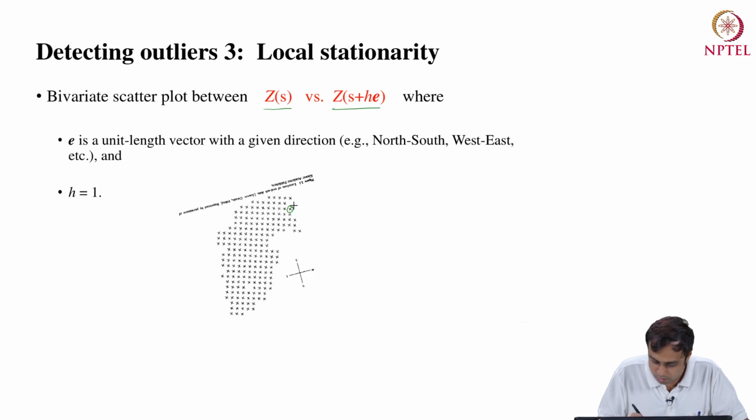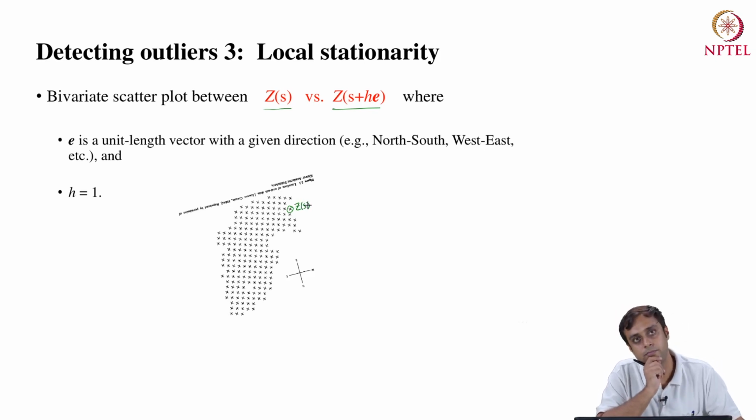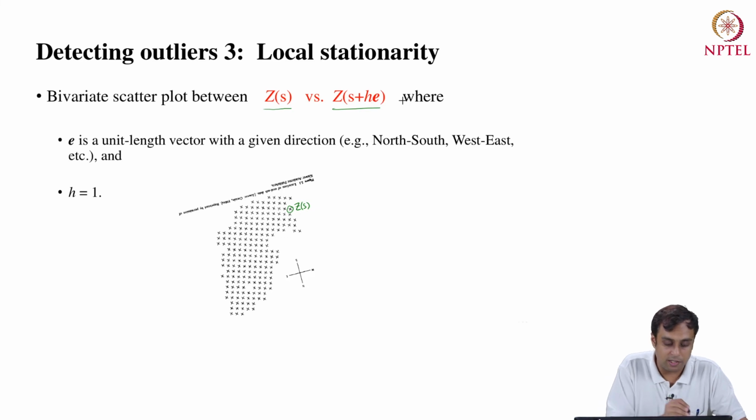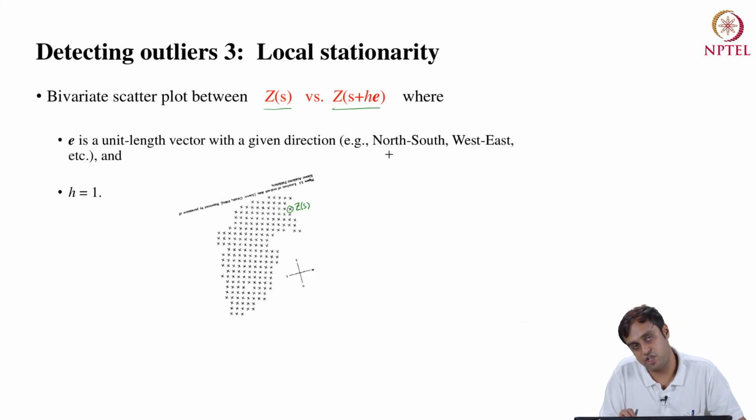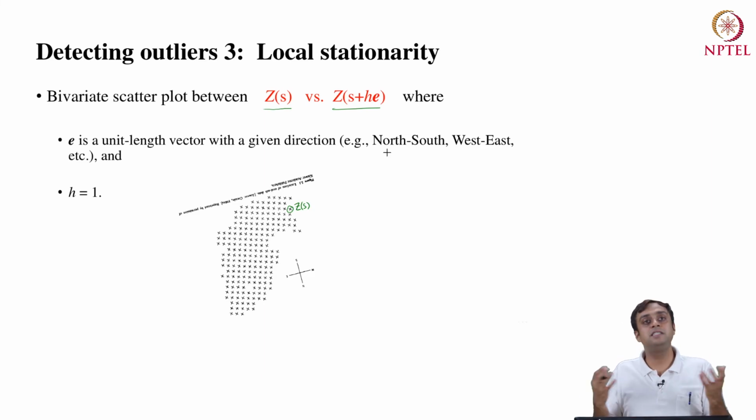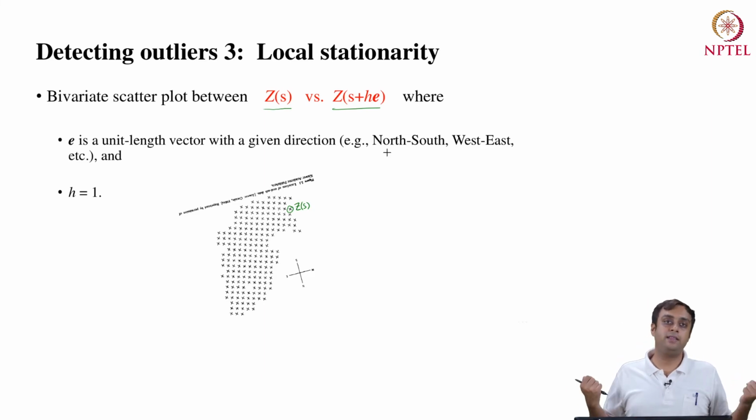So the value here at location S is Z of S, all right? Now, what is Z of S plus hE? E is called a unit length vector with a given direction. So E is a vector, it has unit length, right?